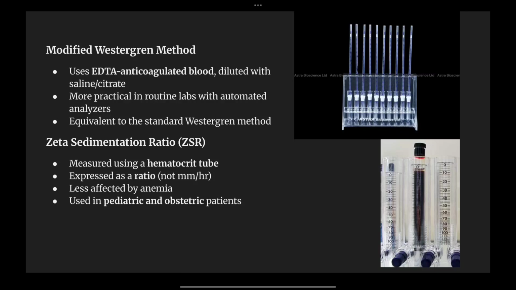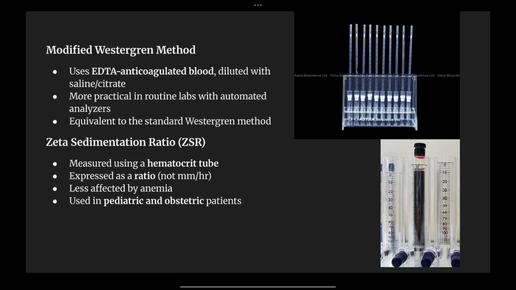So the Westergren method and Winthrop method are manual methods, whereas modified Westergren method is an automated method wherein the machine is going to determine the levels of the ESR. It is somewhat equivalent to the standard Westergren method because it uses the same principle.